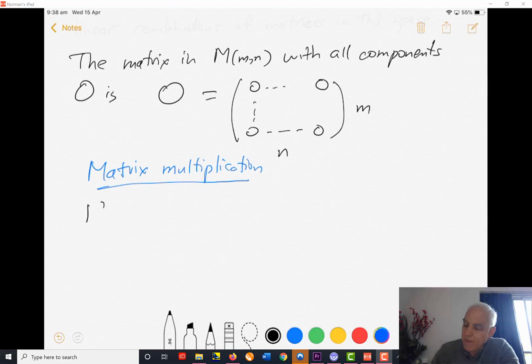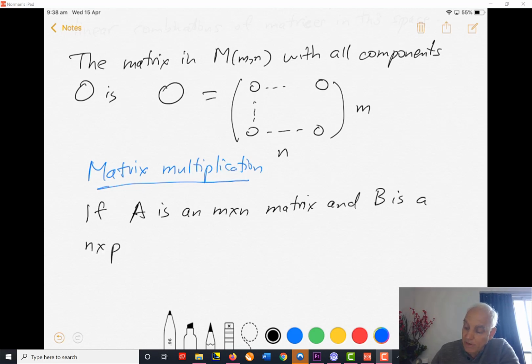So if A is an m by n matrix, say, and B is an n by, say, p matrix, then the product A times B is defined.